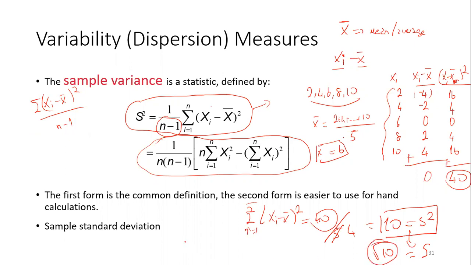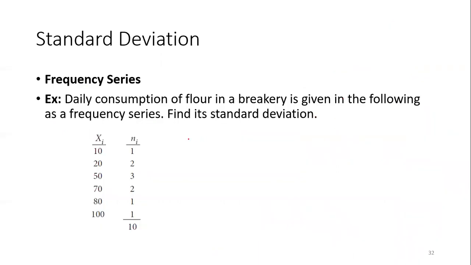On the average, your data is 3.3 units away from the center. So how do we calculate the standard deviation for a frequency series?